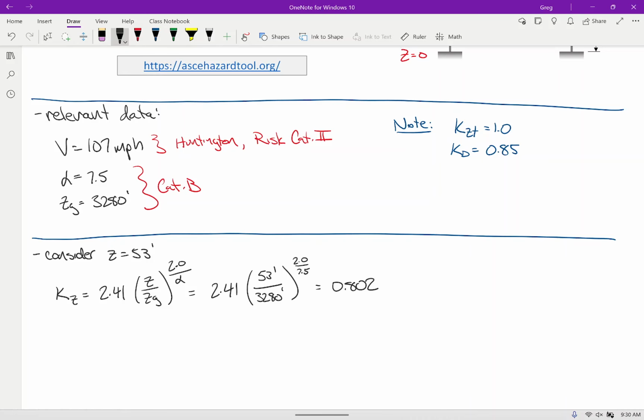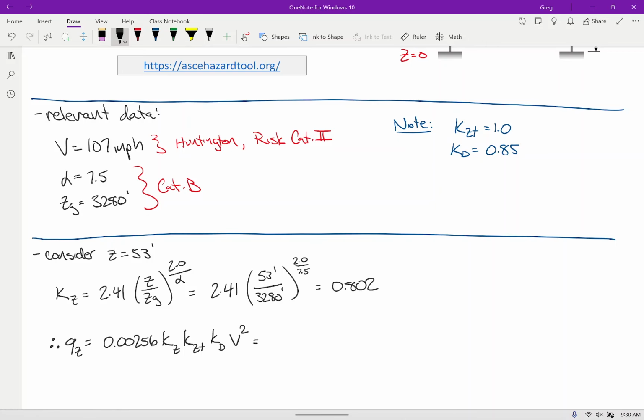That's what I got. Therefore, our wind pressure at that height is going to equal this.